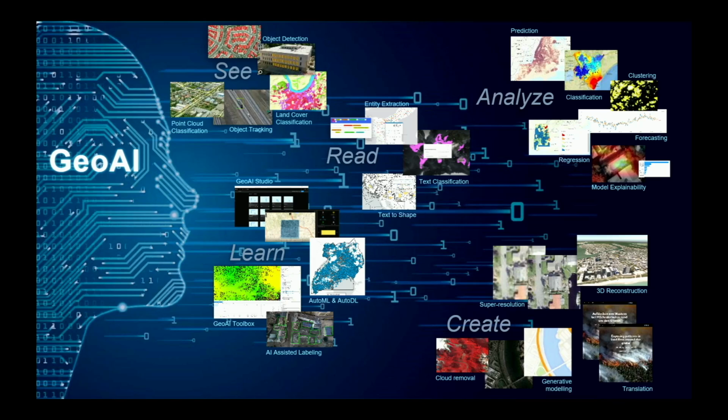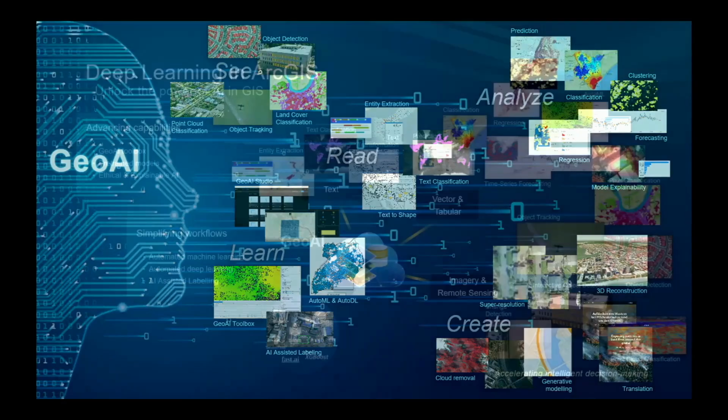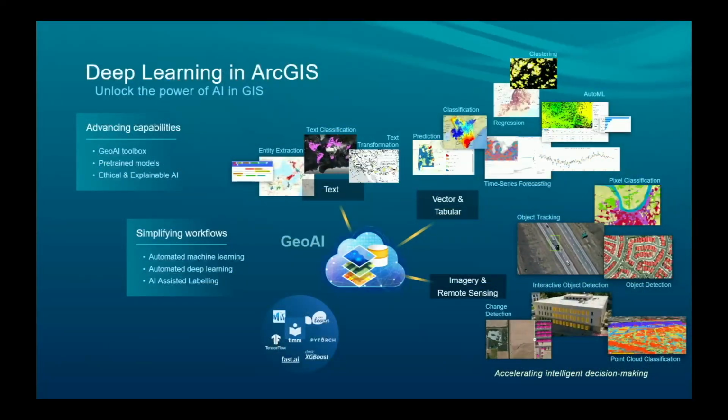And lastly, using generative models, you can actually create data. An interesting data set here is we got Sentinel imagery that was covered by cloud, and using generative models, we were able to eliminate clouds from that image. So that was a quick primer on GeoAI.